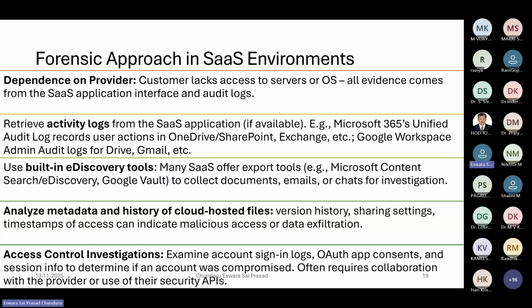And I will give you another case study example that is related to Google Workspace or Google Cloud Service. In that particular case, what happened is the threat actor exploited some vulnerability in accessing Google Workspace by a randomly created corporate mail ID. It is not a personal mail ID, but a corporate mail ID.